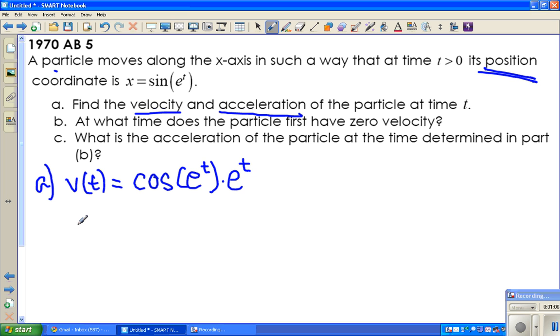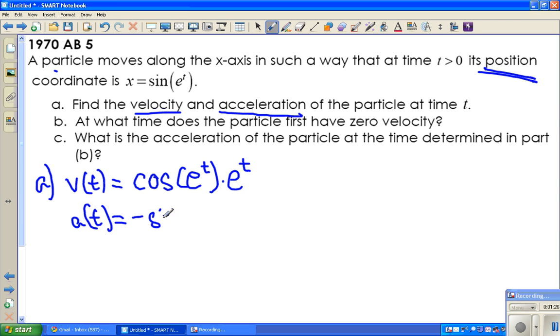Second part, acceleration, a of t, will be the derivative of the velocity. Since we have two functions multiplying together, as you can see, we have to use the product rule. First, we're going to take the derivative of the cosine.